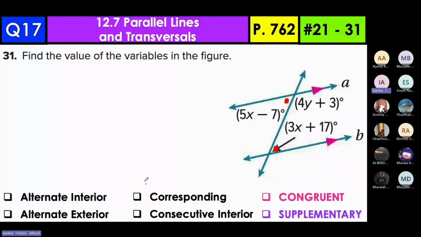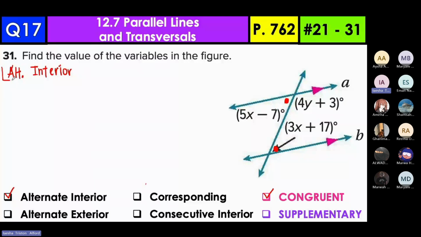Same side or opposite side? Opposite. Inside, outside? Inside. Name? Alternate interior. Alternate interior is congruent or supplementary? Congruent. So alternate interior is the name.